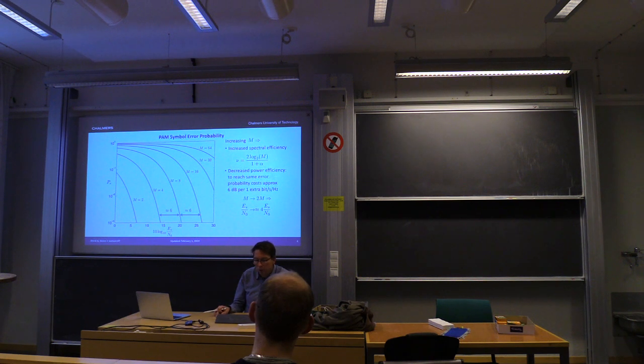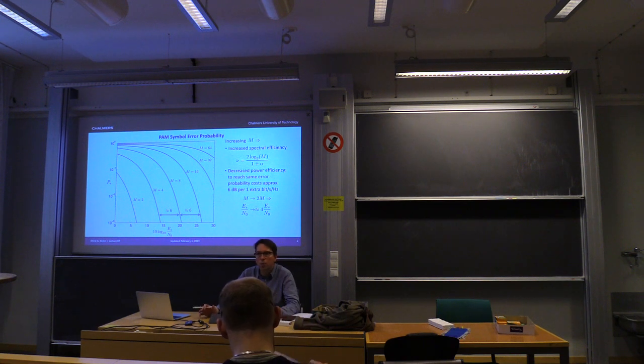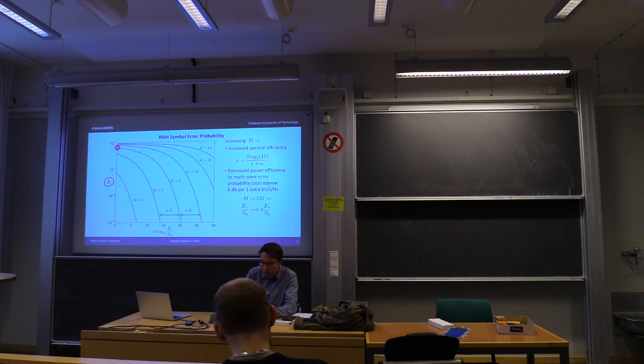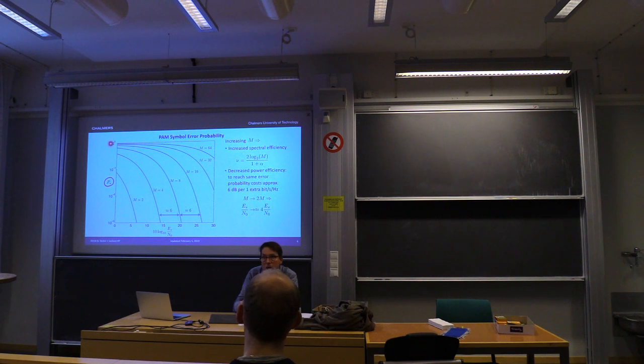So, symbol error probability for PAM. Typically, physical layer performance has to do with symbol error probability or bit error probability or some error metric as a function of the signal to noise ratio. So for higher signal to noise ratios, we expect better performance and vice versa. This is a very typical plot where we have, in this case, error probability plotted as symbol error probability, and it's plotted in logarithmic scale, as you see here.